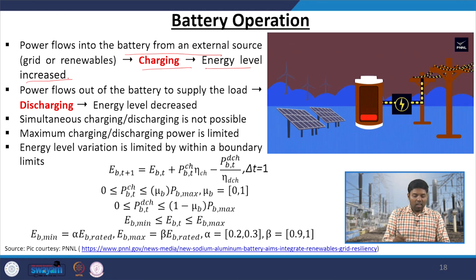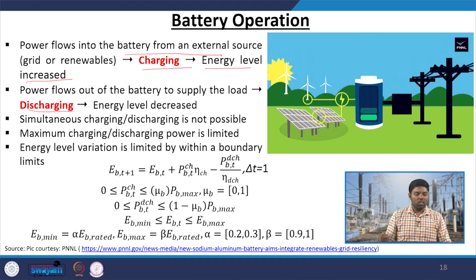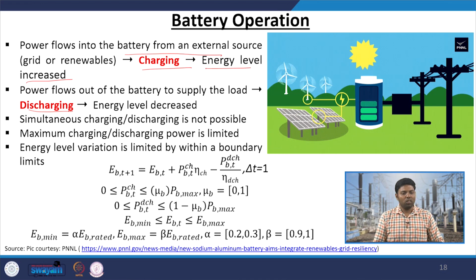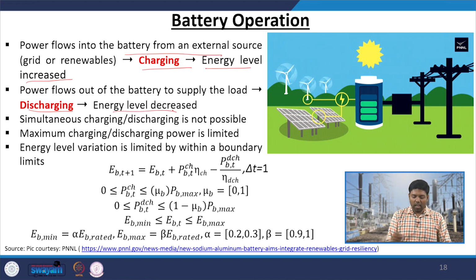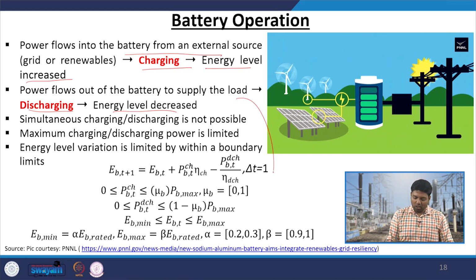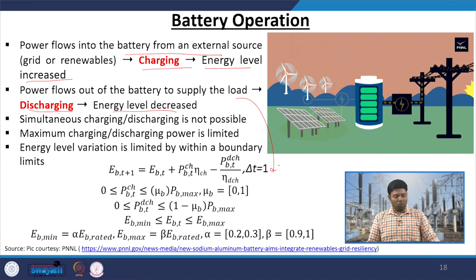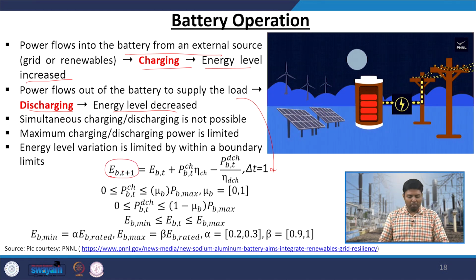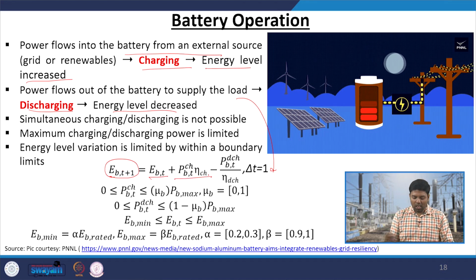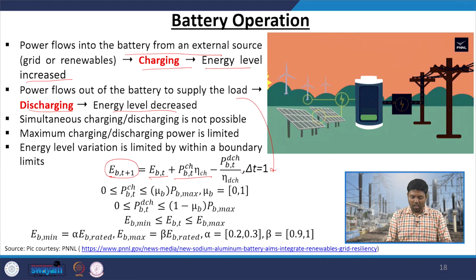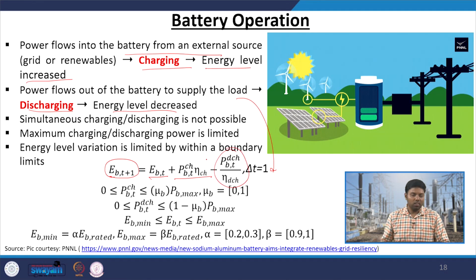The reverse thing will happen when you go with the discharging operation. That means you are supplying power to your grid and that will reduce the energy level of the battery. So, if you capture these two things, you can mathematically model that as: your energy level for the next time period will be the current time period energy level plus how much power you are charging, with the efficiency obviously, minus how much power you are discharging.